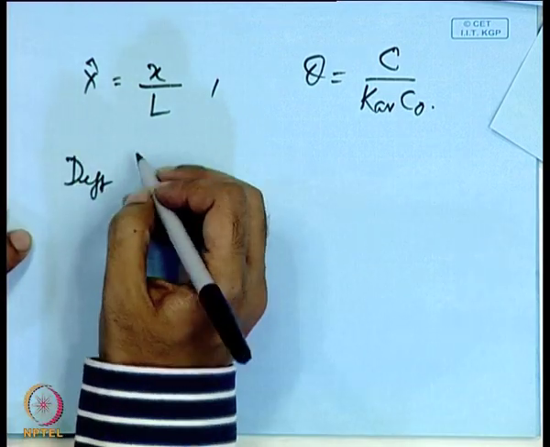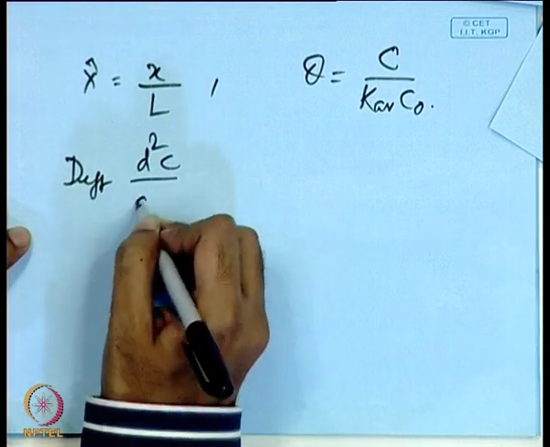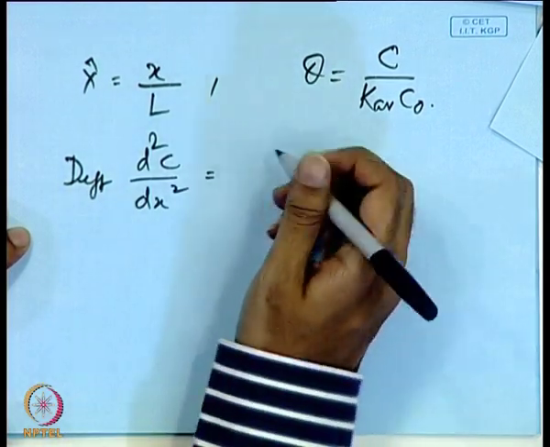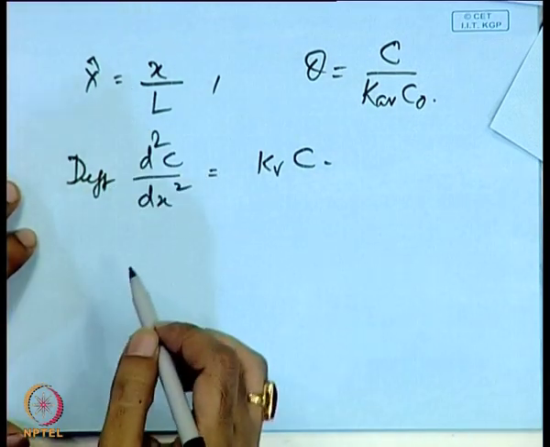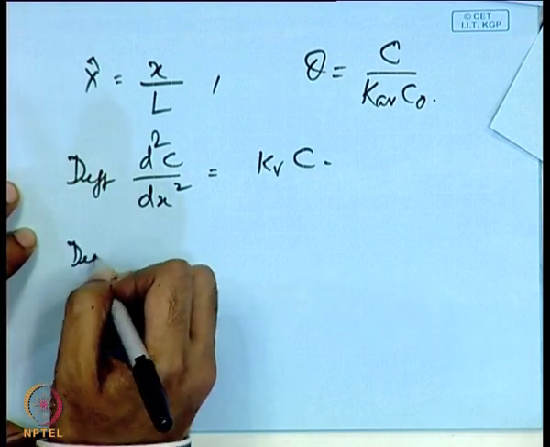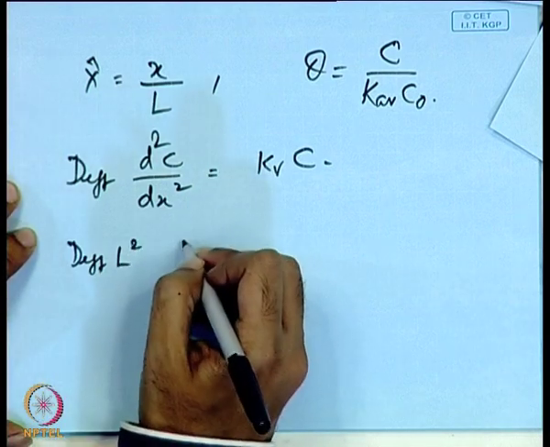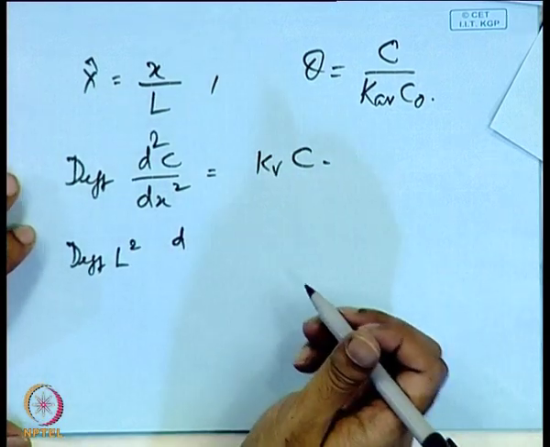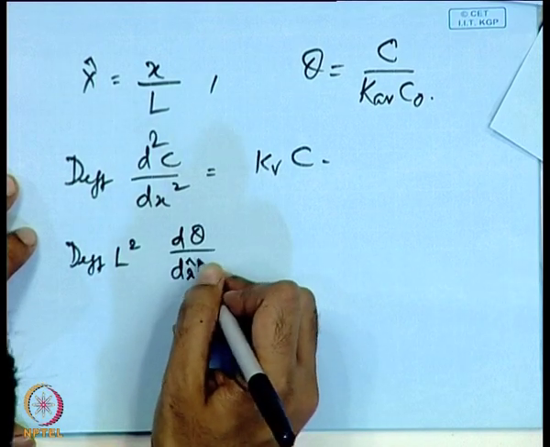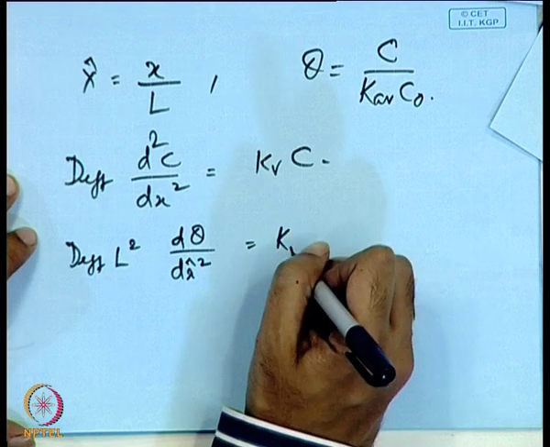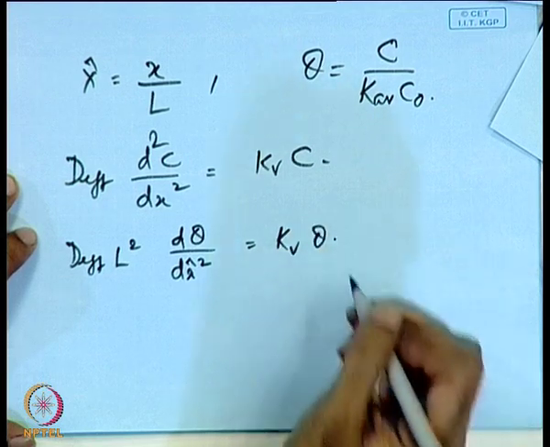D effective times del 2 c del x square equals kV times c. This is how we define x. So you get D effective over L square del 2 theta del x hat square equals kV times theta.